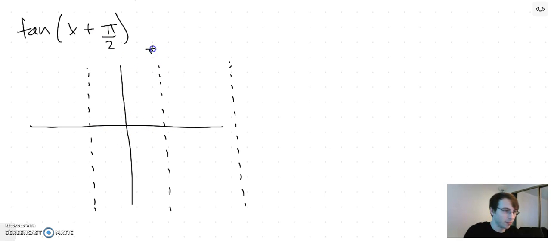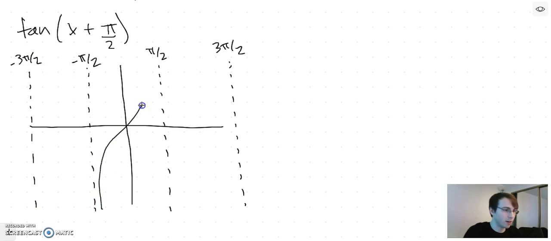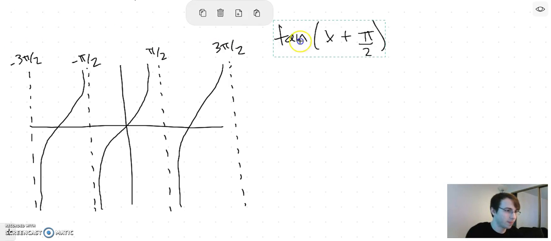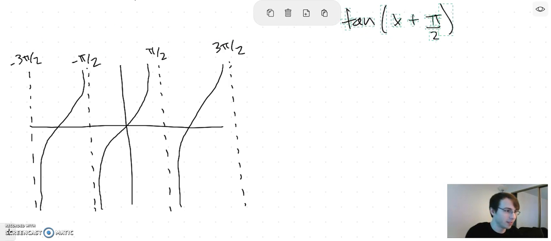So this is originally pi over 2, 3 pi over 2, negative pi over 2, negative 3 pi over 2, and then we've got our tangent slopes in here. That's not the graph we want to draw. That's just the graph of tangent x.